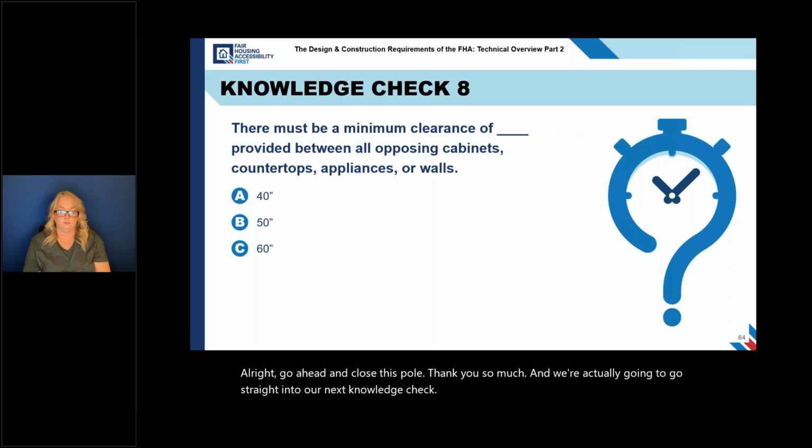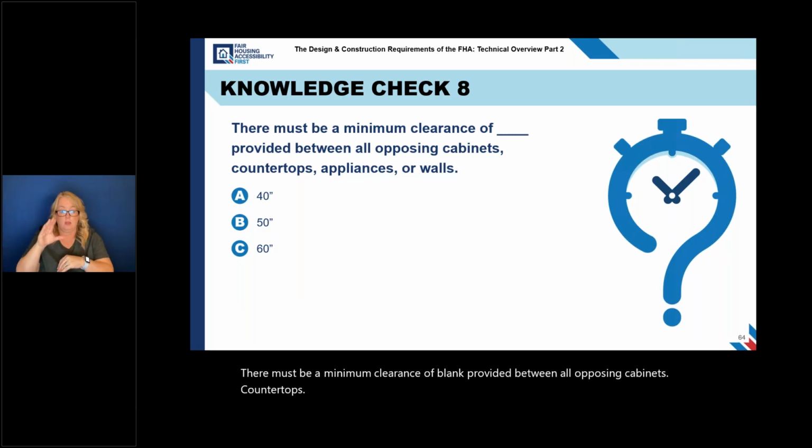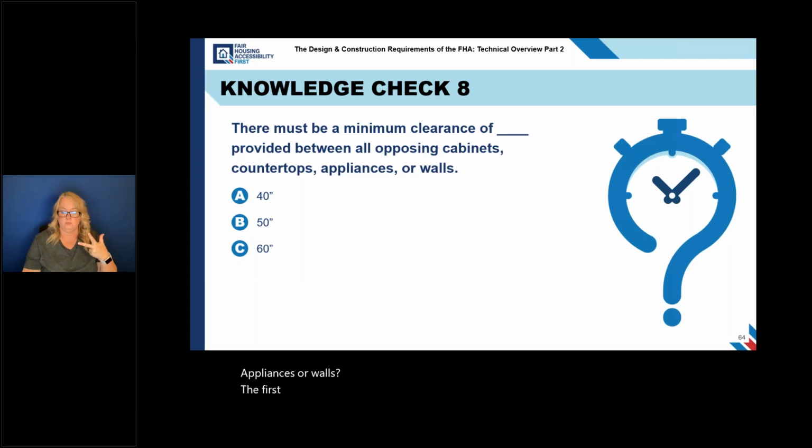The next knowledge check reads, there must be a minimum clearance of blank provided between all opposing cabinets, countertops, appliances, or walls. The first option, 40 inches. The second option, 50 inches. And the third option, 60 inches. So we'll go ahead and launch this poll as well.